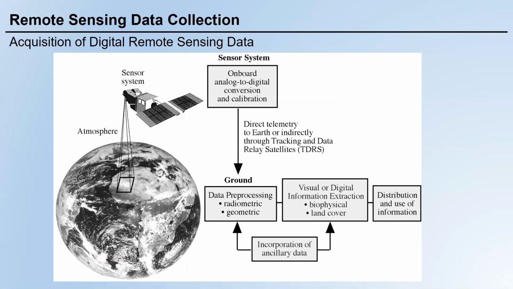And here is another figure showing you the typical process of acquiring remote sensing data today, which means that today we usually collect remotely sensed data in digital format. Specifically, the figure is showing you a satellite platform remote sensing system. The sensor system is mounted on the satellite.